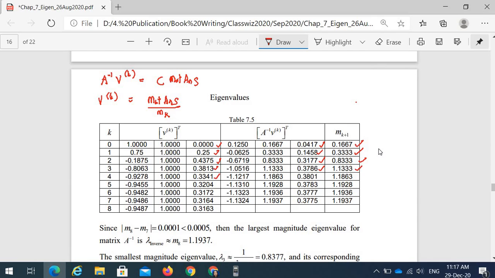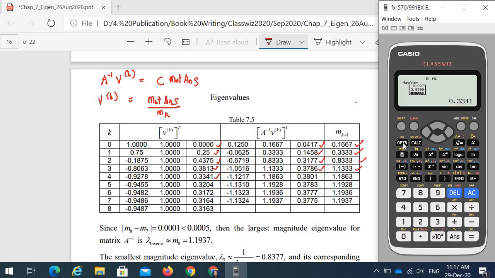So repeat. A inverse Vk is C multiply max answer. Okay, negative 1.1862, and then this is the largest magnitude.